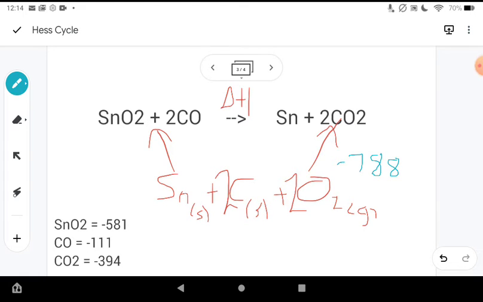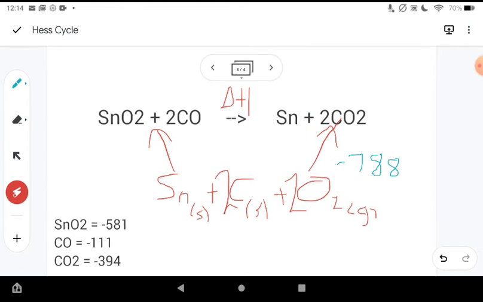So it's minus 788 for 2 moles of that. Let me double check that. 2 times 394. Good, right. I'm not going to do it for the tin, because the tin is a solid there and a solid there. So it hasn't actually changed from this to this.